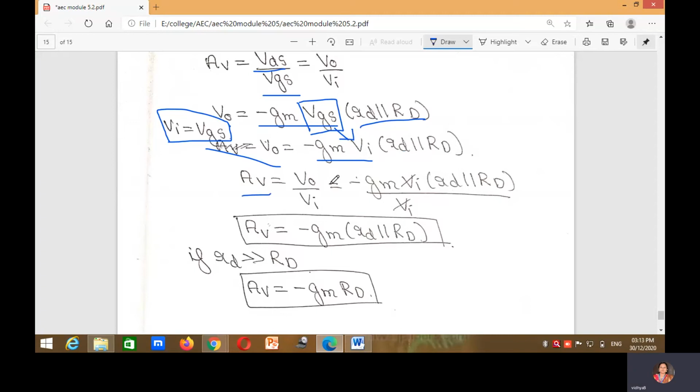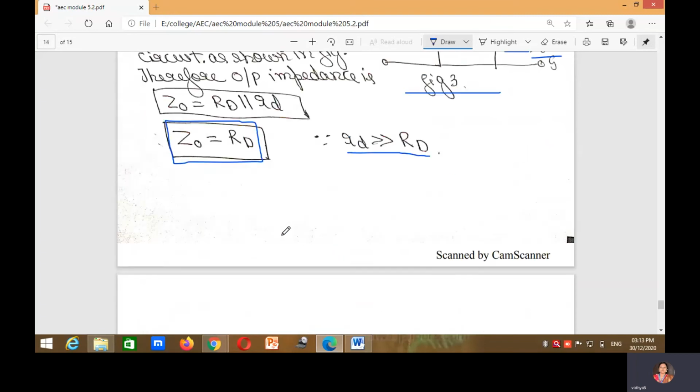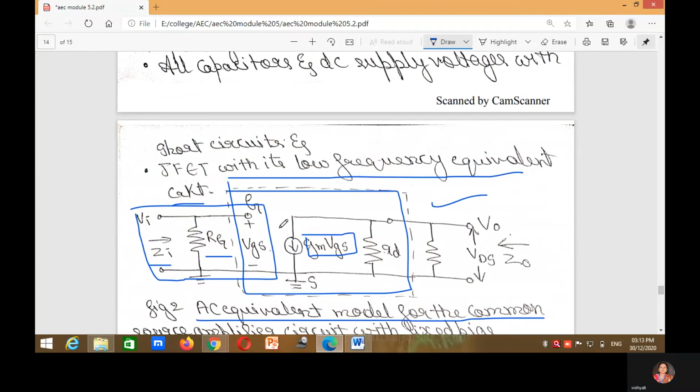Substituting, Vi gets cancelled, so the voltage gain is equal to minus Gm into small RD parallel with capital RD. If small RD is greater than capital RD, the voltage gain is equal to minus Gm into capital RD. This is the common source configuration with fixed bias.